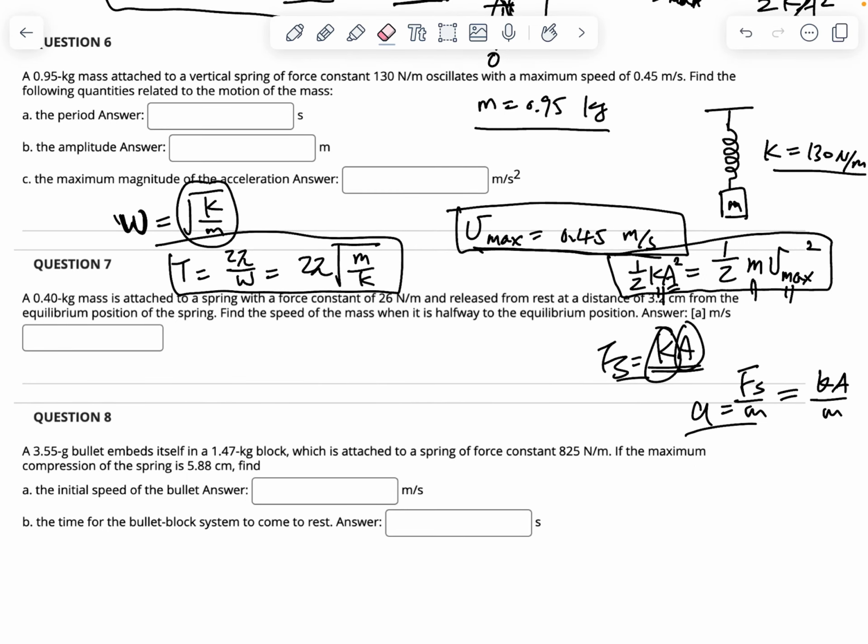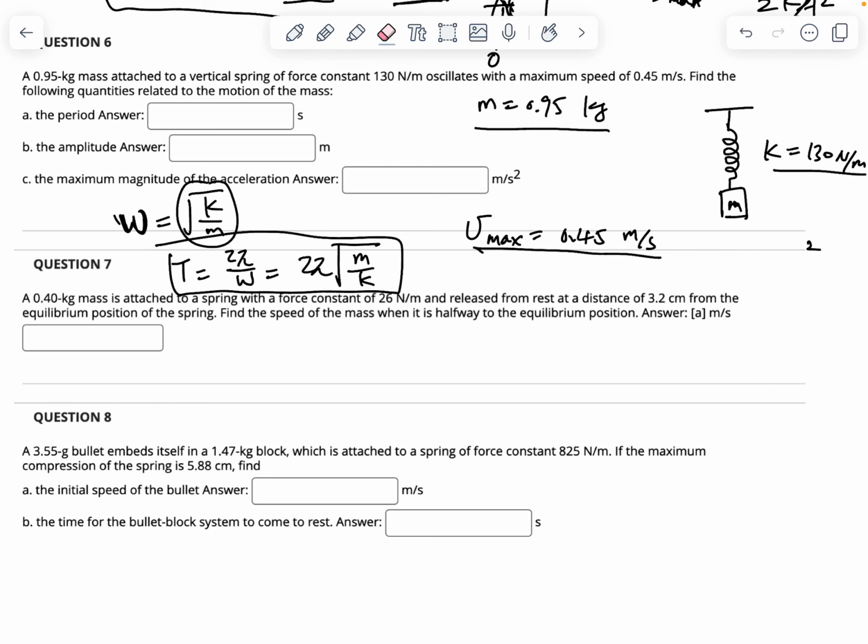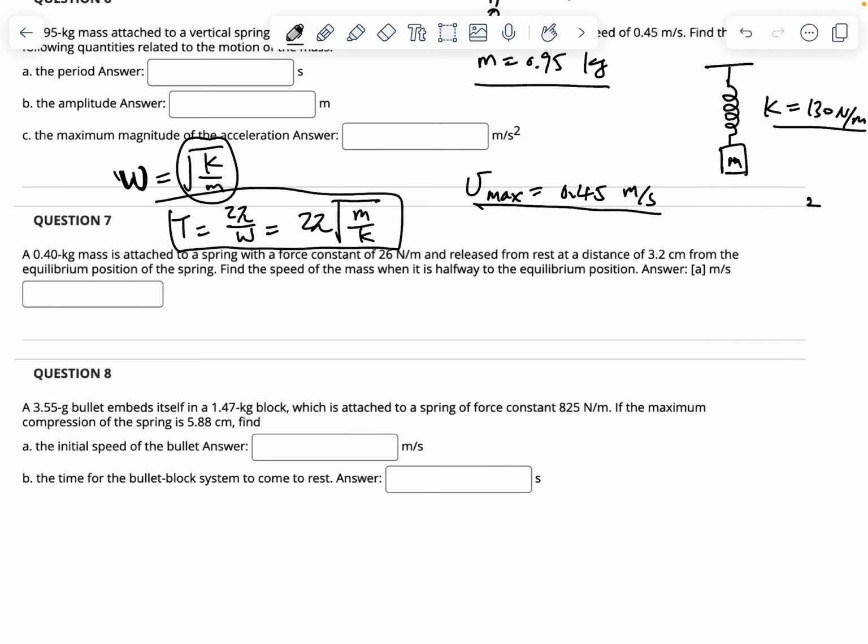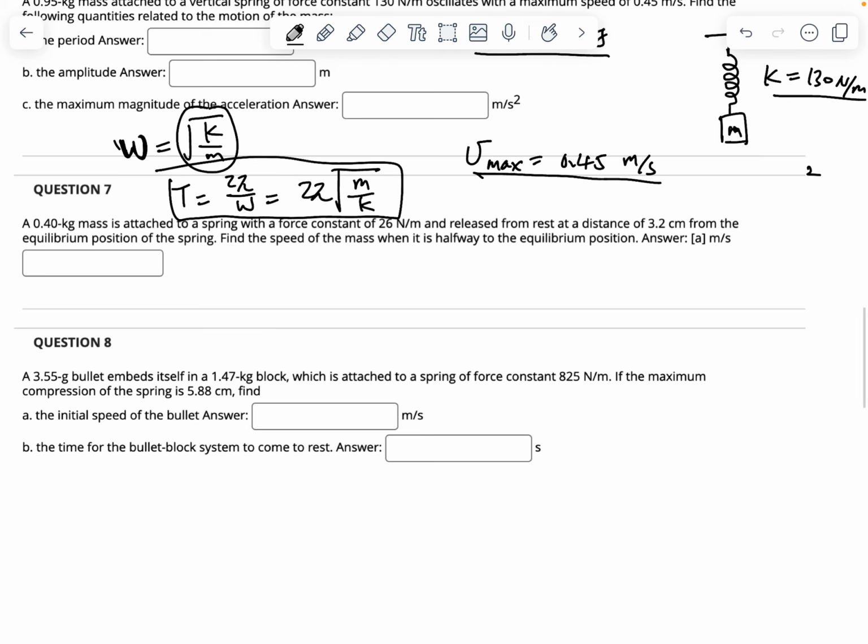All right, next one. A 0.4 kg mass is attached to a spring at its equilibrium position.